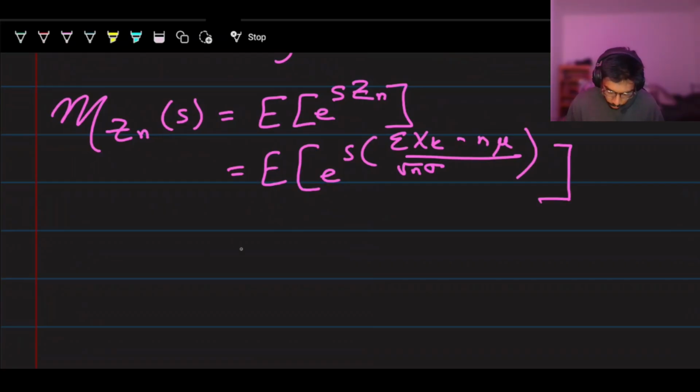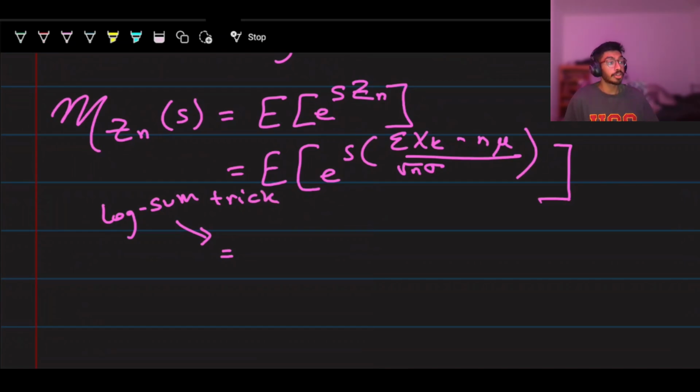The next thing I want to do is what I call the log sum trick, where the log of a product of individual terms is the same as the sum of the logs of those terms.